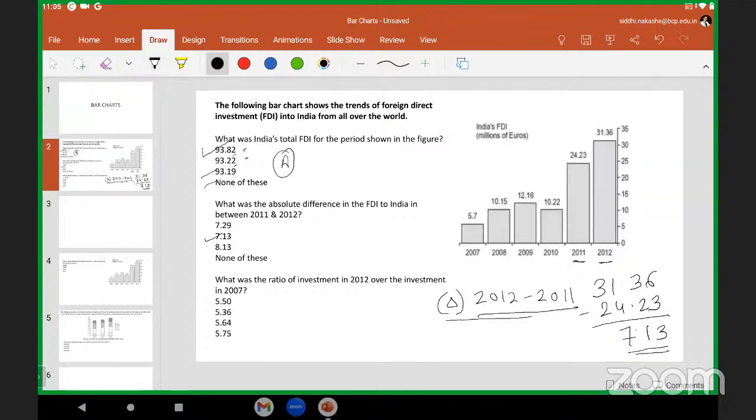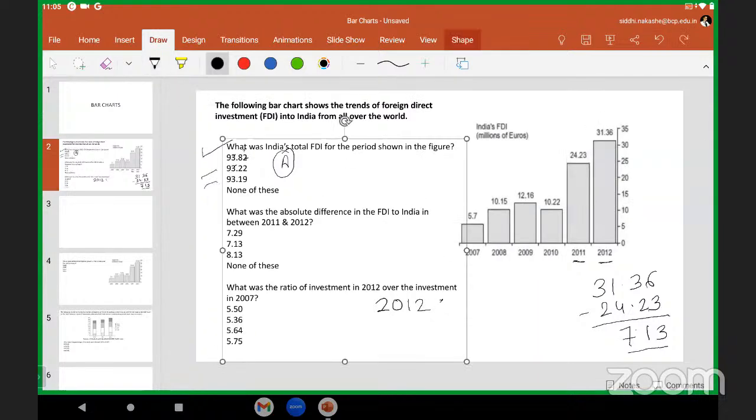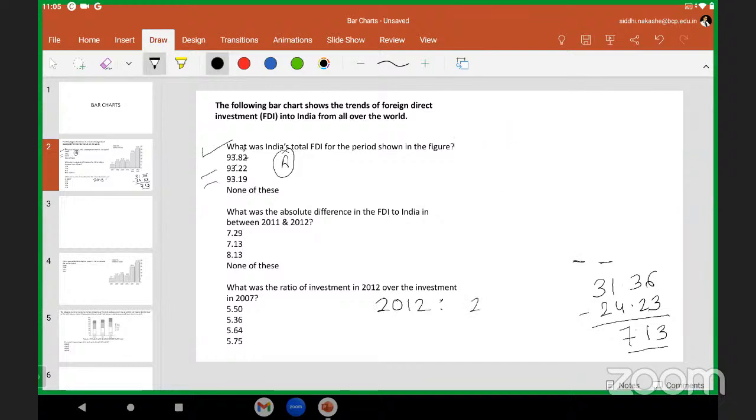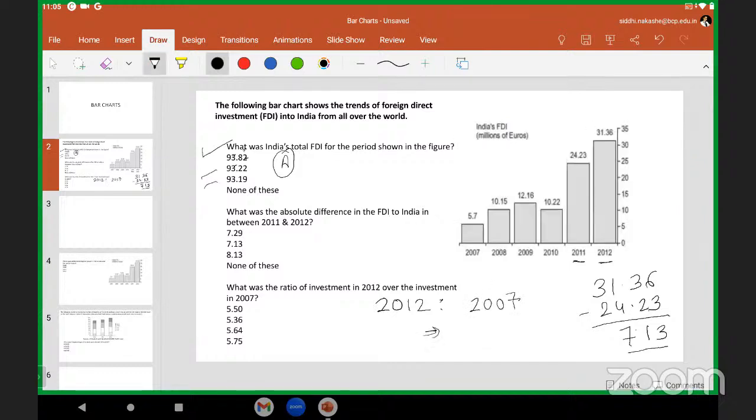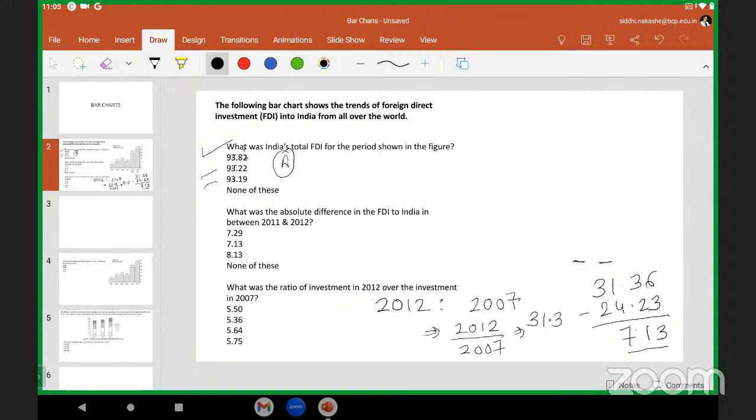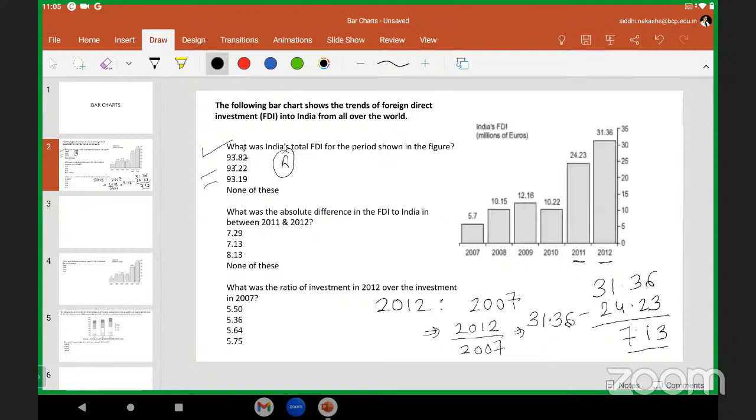Fine. So moving forward to the next question, what was the ratio of investment in 2012 over the investment of 2007? So what you have to do over here is find the ratio for 2012 to 2007. So that is nothing but 2012 upon 2007. For 2012 it is 31.36, and for this it is 5.7.